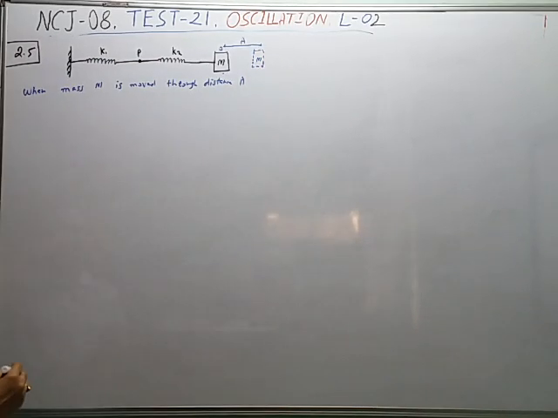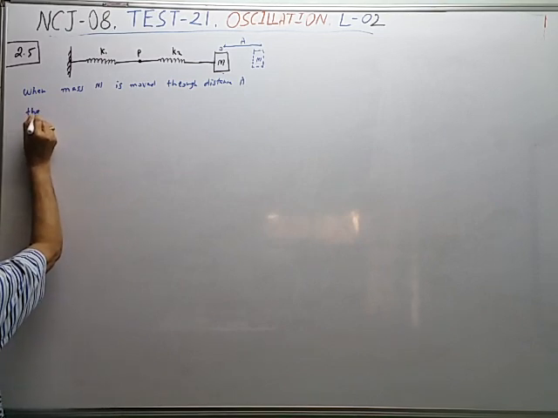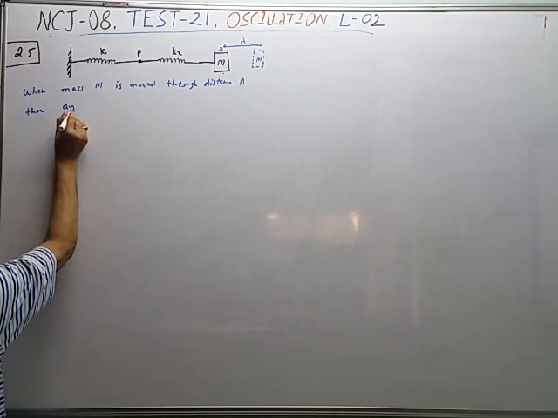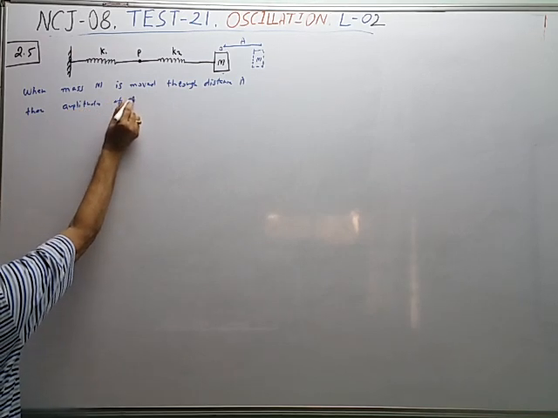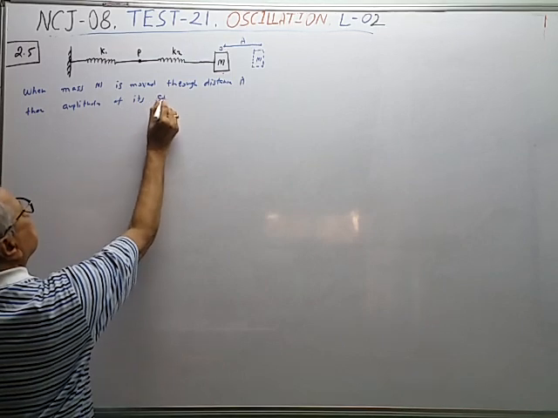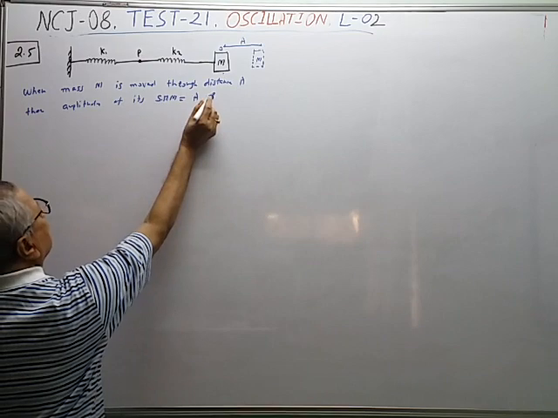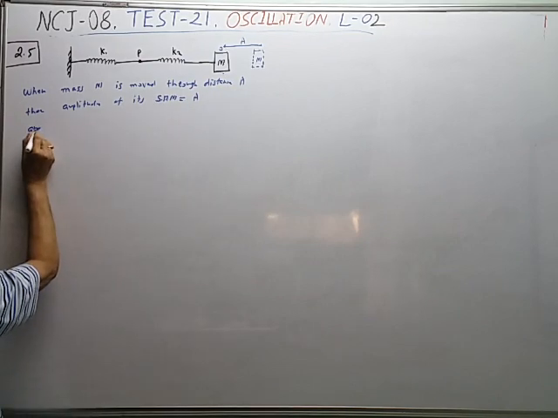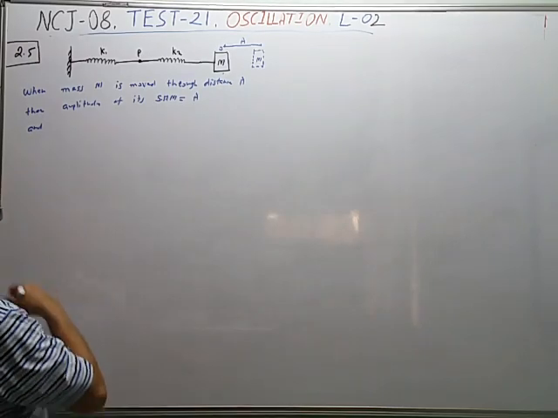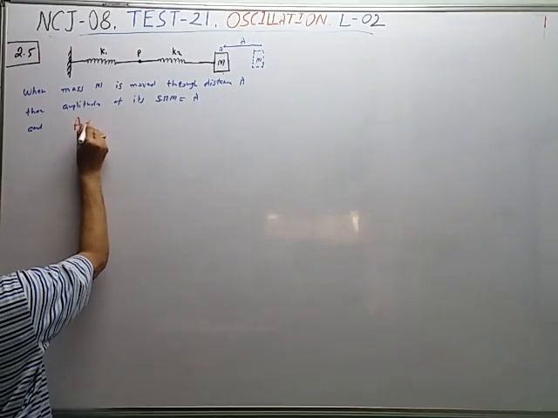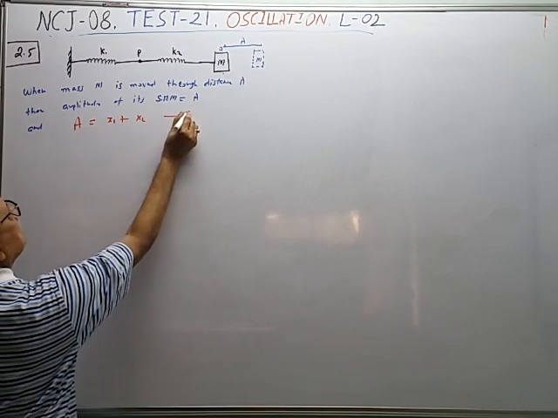When the mass M is moved through distance A, then amplitude of its SHM is equal to A, and A is equal to x1 plus x2. This is equation 1.